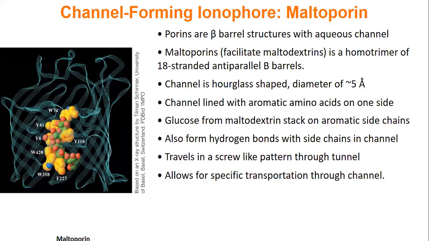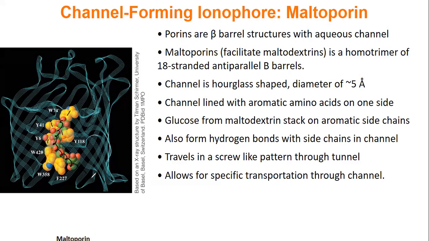So what happens with our aromatic amino acids, we have our sugars, and then we have a bunch of aromatic amino acids all through the channel, helping us move through that channel, right? And so we have a cork, it's like a corkscrew that goes through here, because all of our aromatic residues are positioned in a way to corkscrew this through.